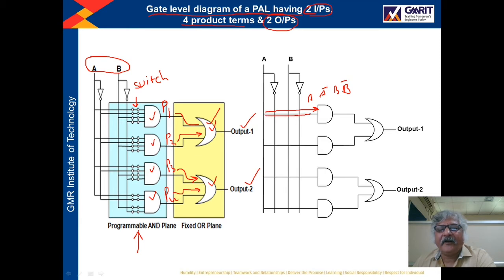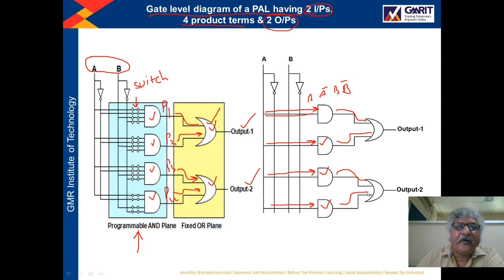So this single line indicates there are 4 inputs to this AND gate. In the same way, this line indicates there are 4 inputs to this AND gate, this single line indicates 4 inputs to this AND gate, and this single line indicates 4 inputs to this AND gate. Now the outputs are directly connected to the OR gate without any switch. This way, this is a simplified diagram.